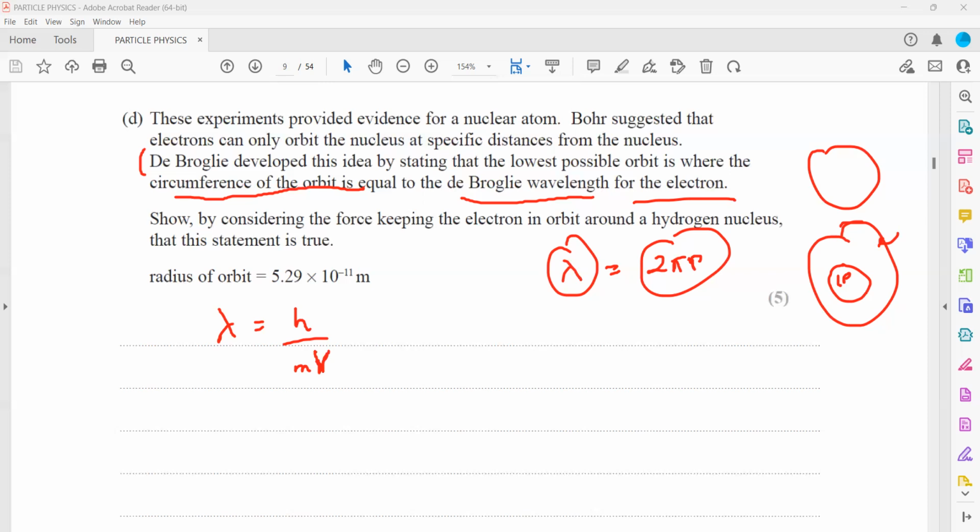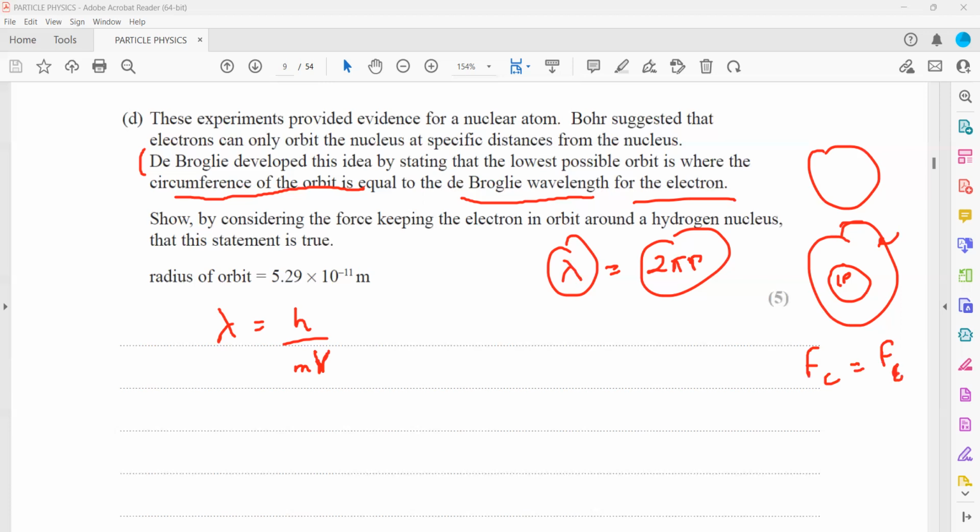How can we work out v? Because the electron is moving in a circular path, and whenever an object moves in a circular path the force is called centripetal force, the centripetal force will be equal to the electrostatic force.